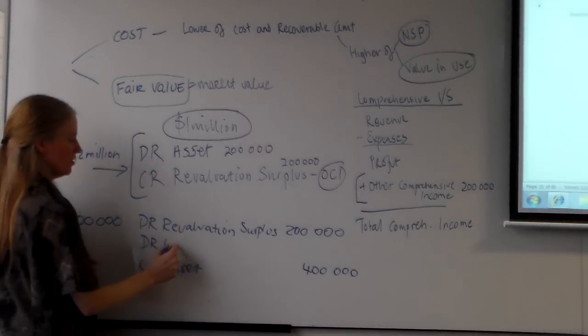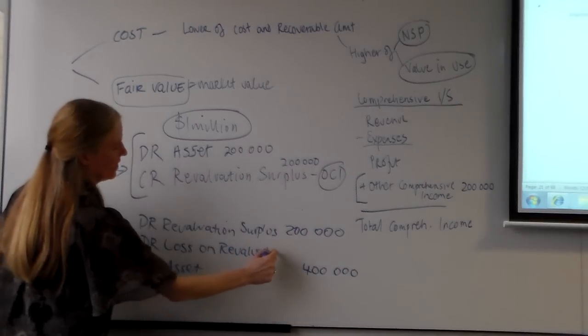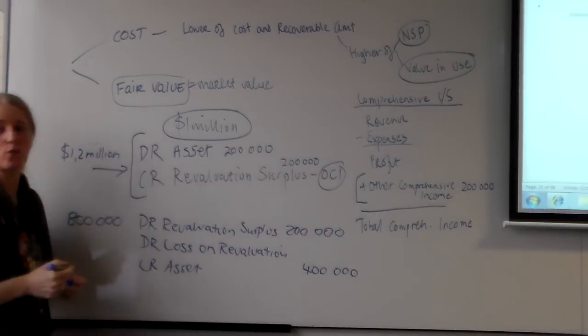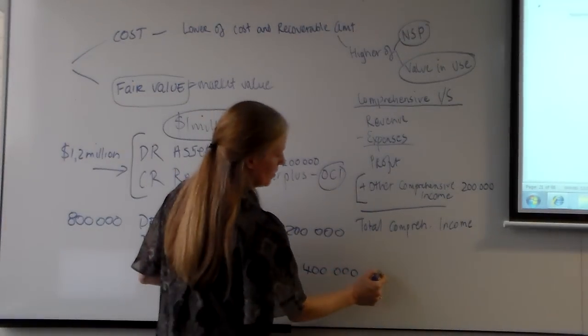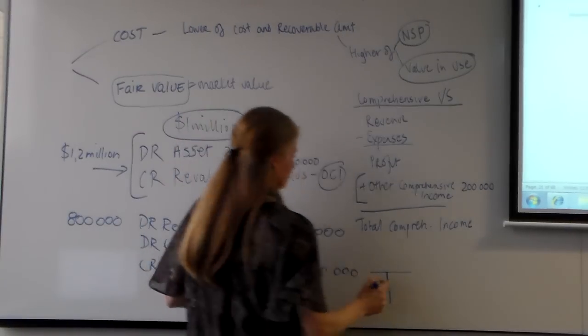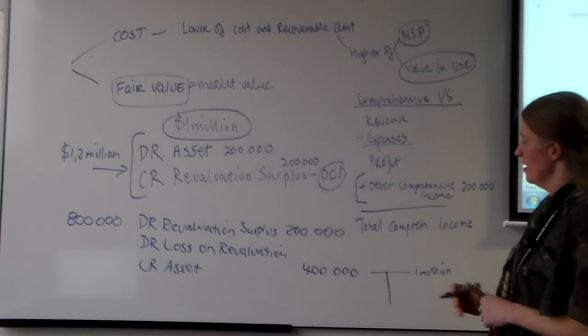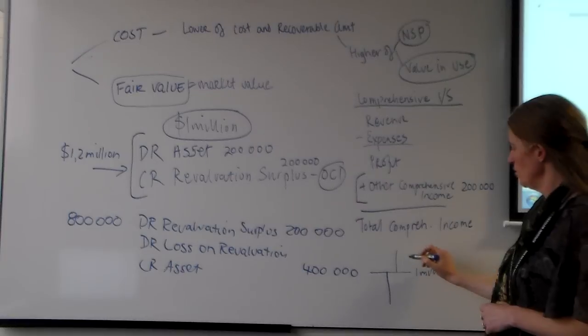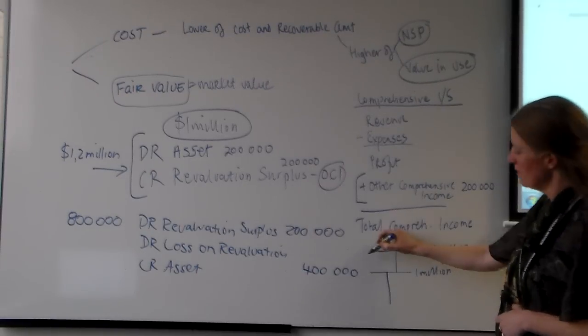It's actually going to be debit loss on revaluation. And why didn't we just go loss on revaluation 400,000? The only reason is that we've got an asset with 1 million. We then take it up to 1.2, and that's the surplus.